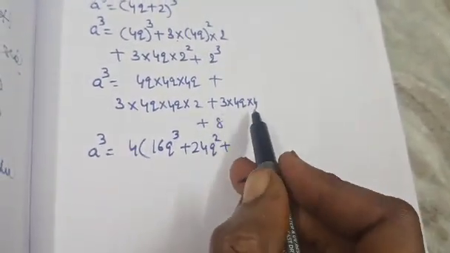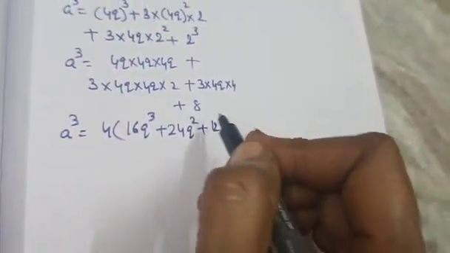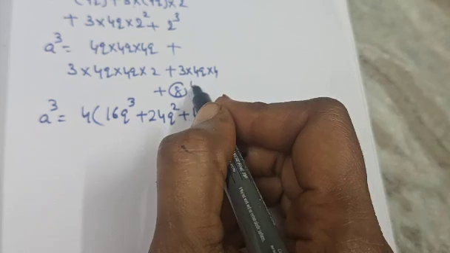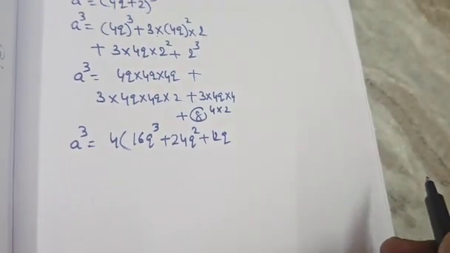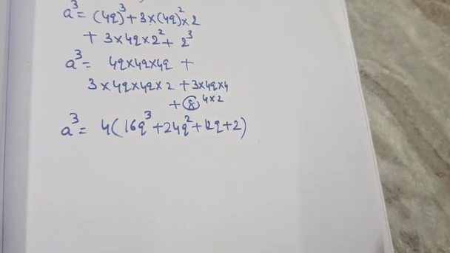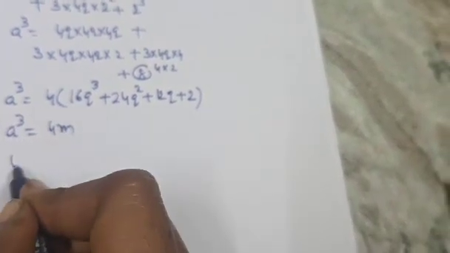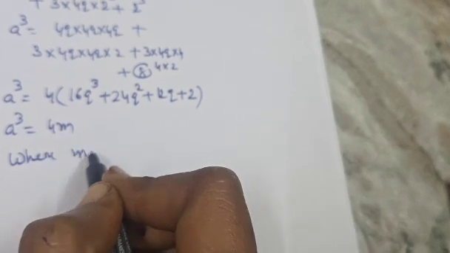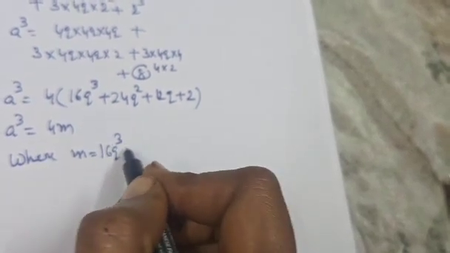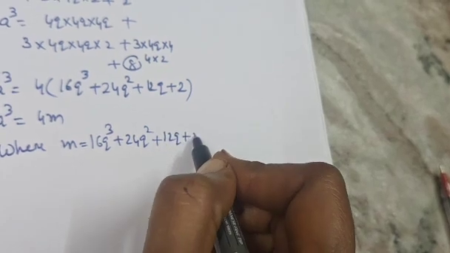Here if you take 4 common, 3 4s 12q. Here also you will get 4 common. Why? 8 can be written as 4 into 2. If you take 4 common, still 2 is left. Now we can write this one as a cube equal to 4m, where m equal to 16q cube plus 24q square plus 12q plus 2.